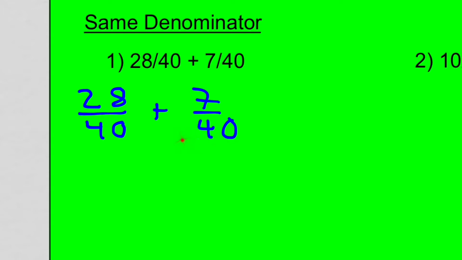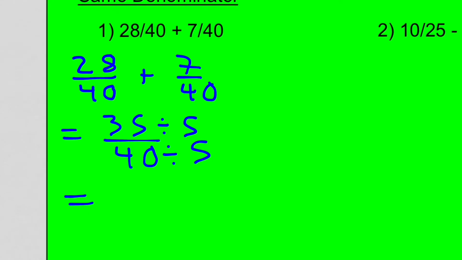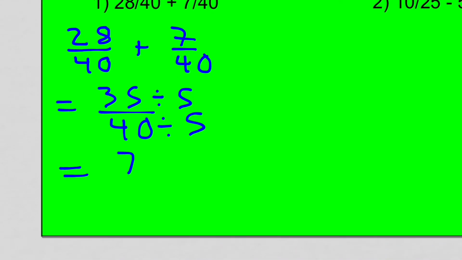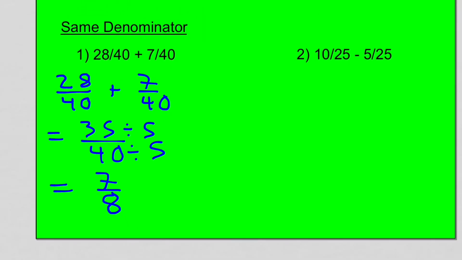You keep the denominators the same, so you add up the numerators of the fractions, and you get 35 over 40. So I added up 28 and 7, you get 35 over 40. And then you always reduce to lowest terms. The greatest common factor of 35 and 40 is 5. You divide the numerator and denominator by 5, and you get 7 over 8. Okay? Very basic, more grade 7 kind of question.